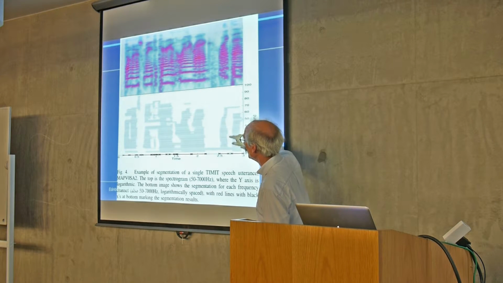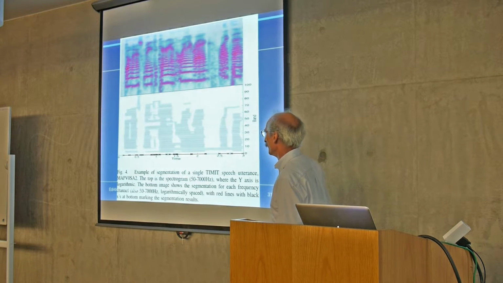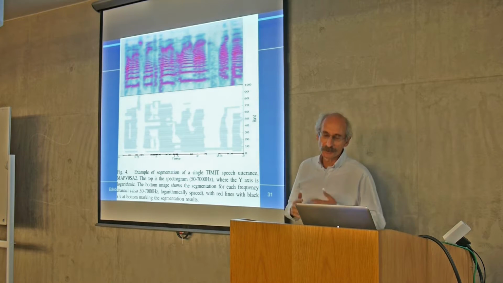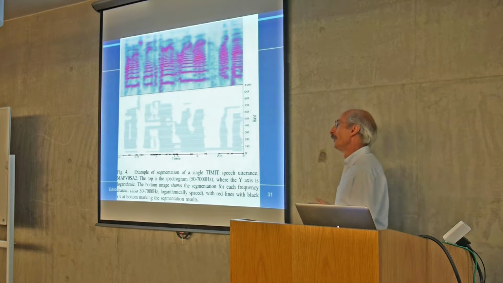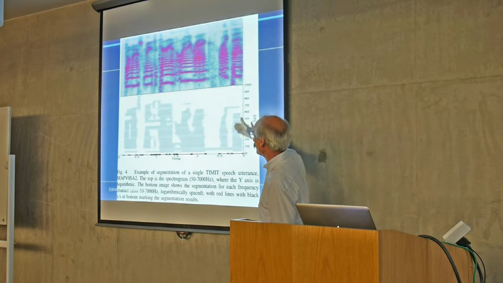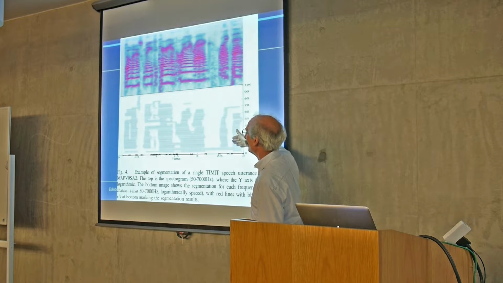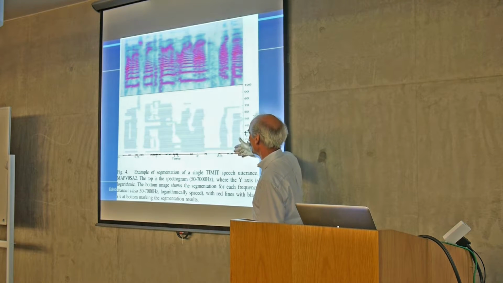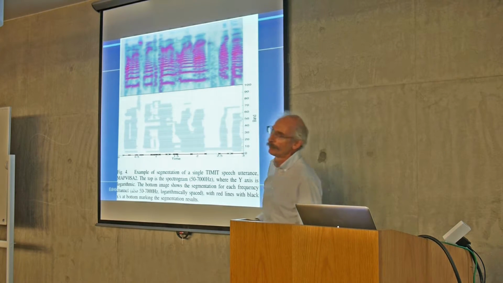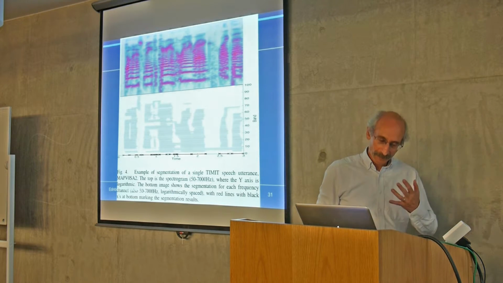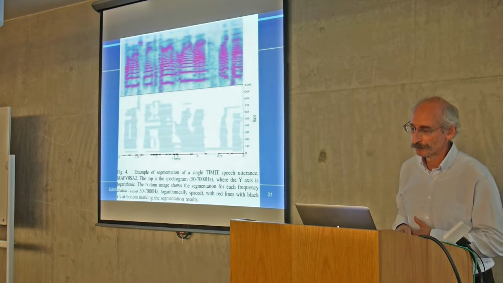You can see that it follows the spectrogram quite nicely. We wanted to segment the sound itself, so we then have to process this multi-band segmented signal to pick out the actual segments of the signal, and that works reasonably well.